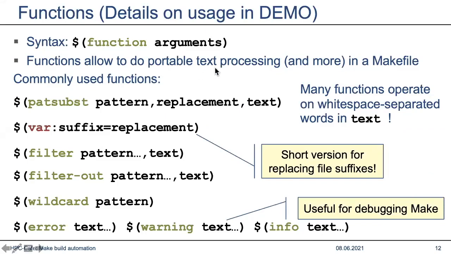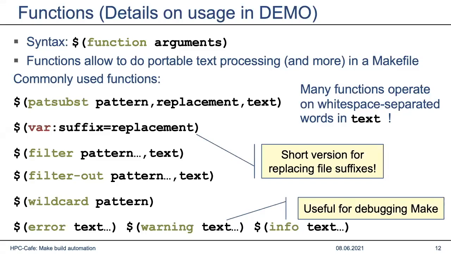Most of them do portable text processing. Of course, you can get away with doing everything with shell tools. So you can use shell, and with sed, awk, or whatever, you can do all kinds of stuff, find, and so on. But the best practice recommendation is to use those make functions because it is more portable, probably faster, because you don't have to create a process.